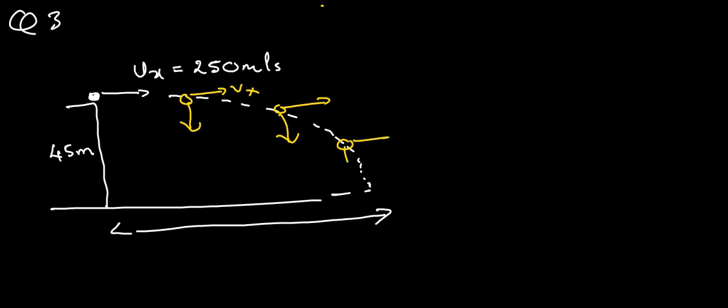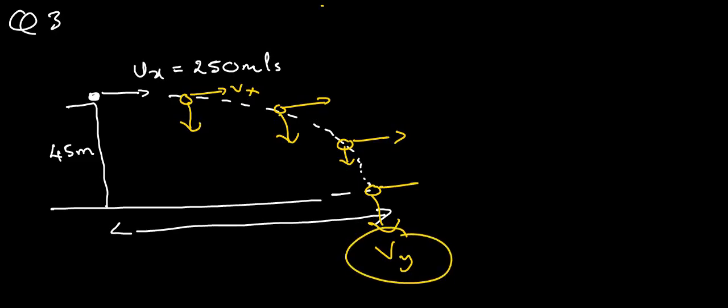So they're asking for this: what is the velocity in the y just before it strikes the ground? Because once it strikes the ground, it will be 0. But we're just saying the moment it's about to strike the ground, that's the velocity in the y that they're asking for.